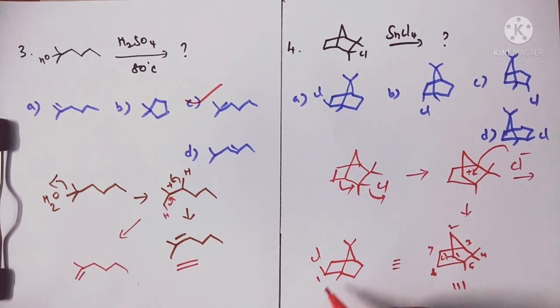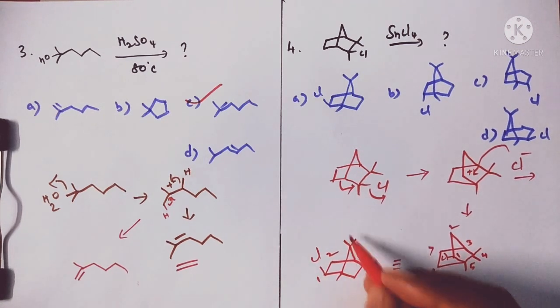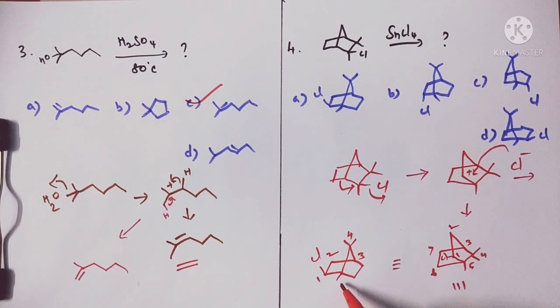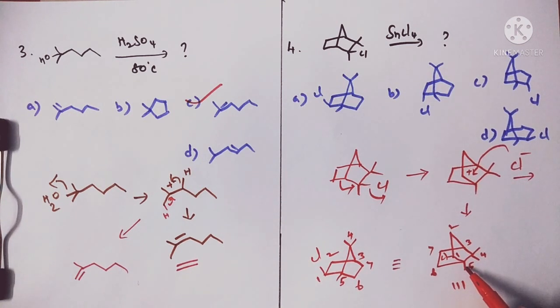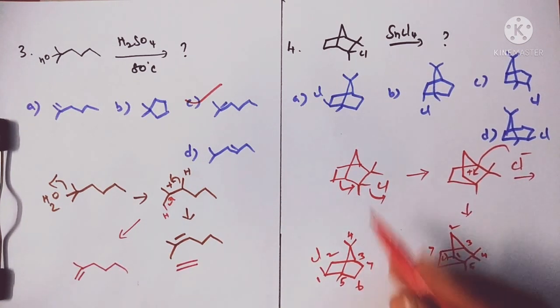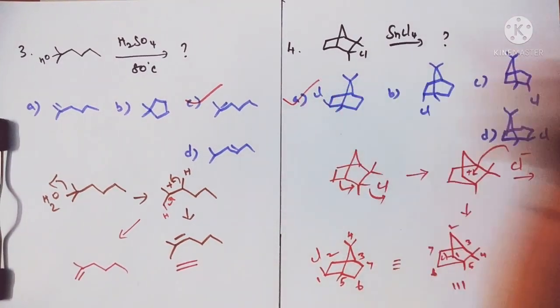So 1, 2, 3, 4, 5, 6 and 7. If you see this bridge, 5 and 6 and 3 and 7, so this is an exo product.